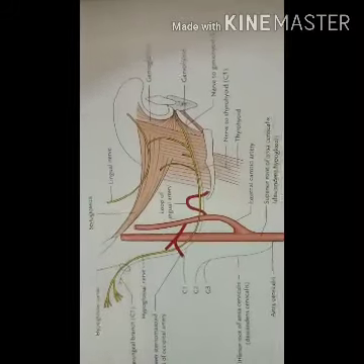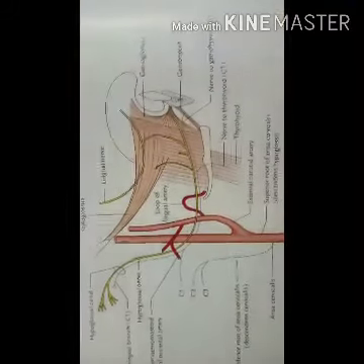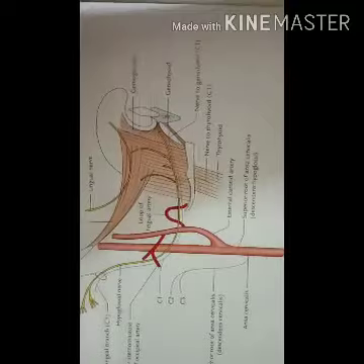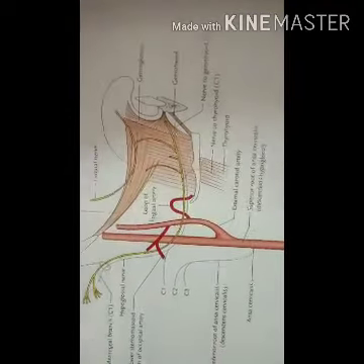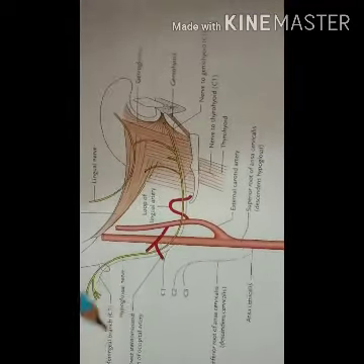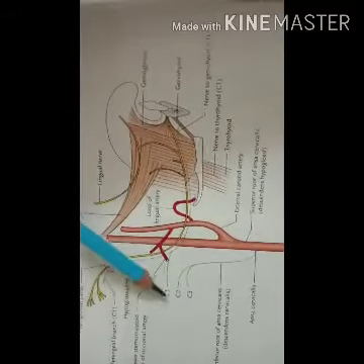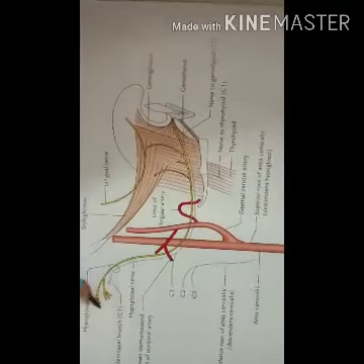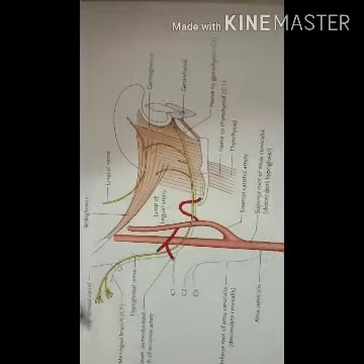First is the meningeal branch, which arises from the C1 spinal nerve.